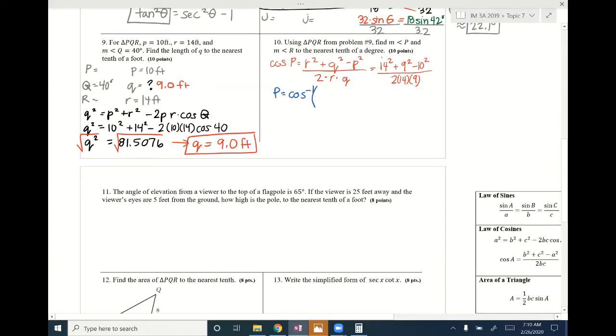So if I evaluate 14 squared plus 9 squared minus 10 squared, that's 177 over 2 times 14 times 9 is 252. So if I evaluate that fraction, the inverse cosine of that fraction in my calculator gives me a value of about 45.4 degrees. Okay, so we know one answer now. So the measure of angle P is about 45.4 degrees. I'm going to add it over here too.